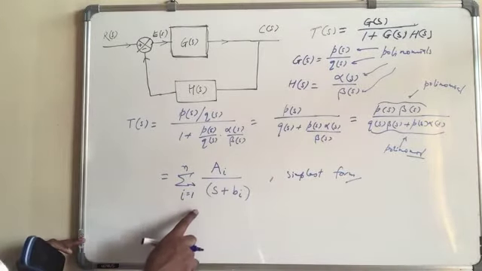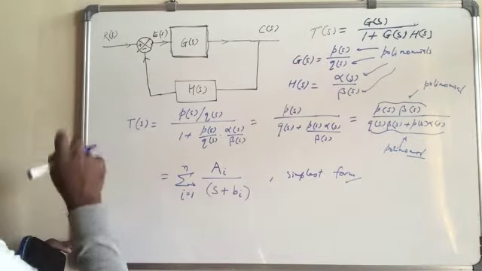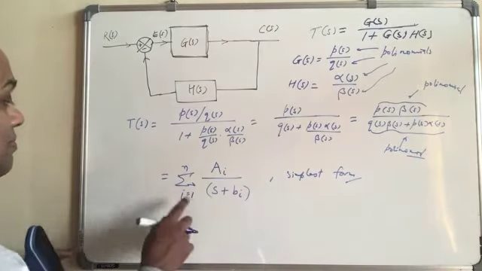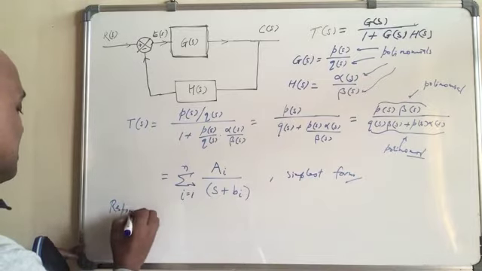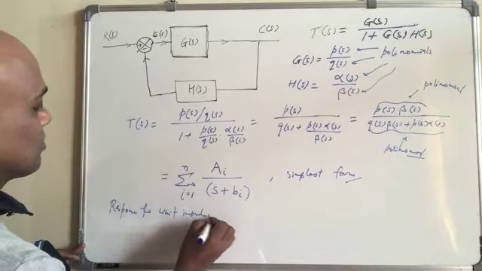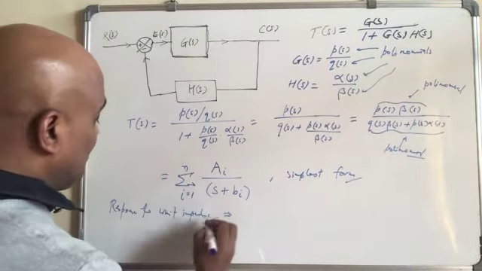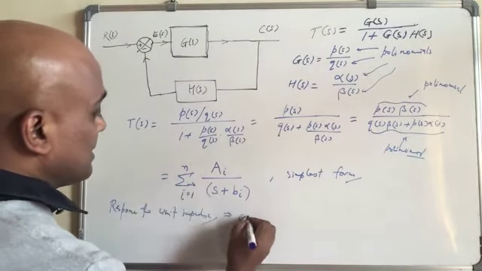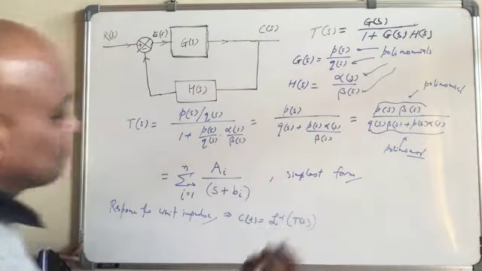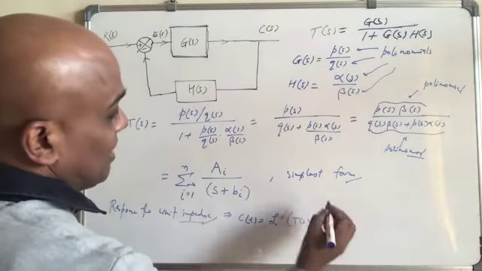Now, if we want to find out the response to a unit impulse, how will we find it? We take c(t) equal to L inverse of T(s). The response to a unit impulse will be just like the one we have been doing.